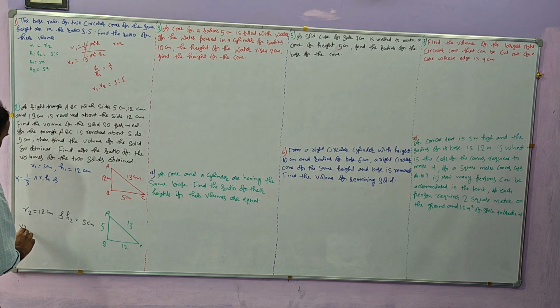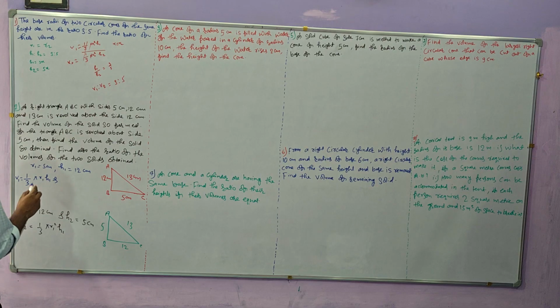So V2 is equal to 1 upon 3 pi R2 square H2.